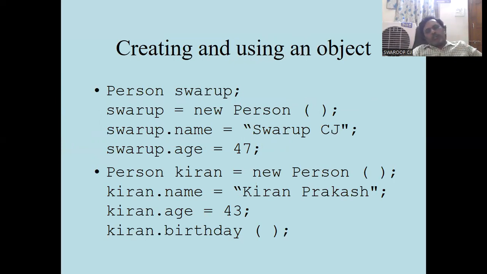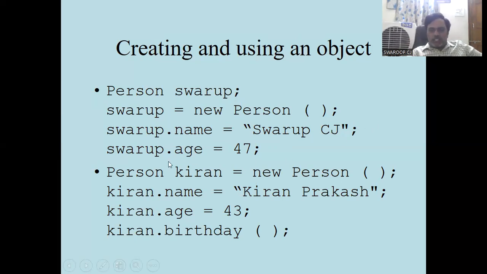So see here, how to create the object. First you have to specify the class name and the object name. Person swarup. Swarup is the object for the class person. So this is nothing but the first line, I am declaring an object. Second line, I am initializing the object. See the difference between both of them. Declaring is different from initializing. So I am initializing the object.